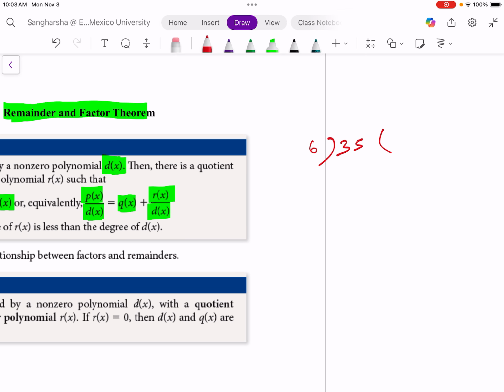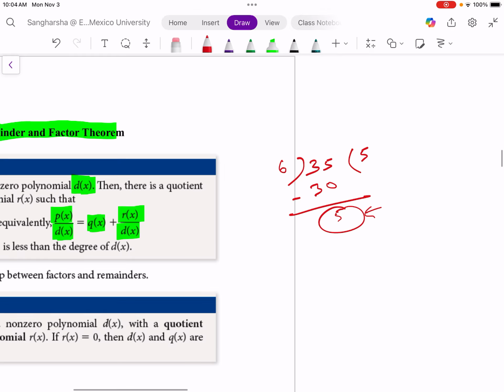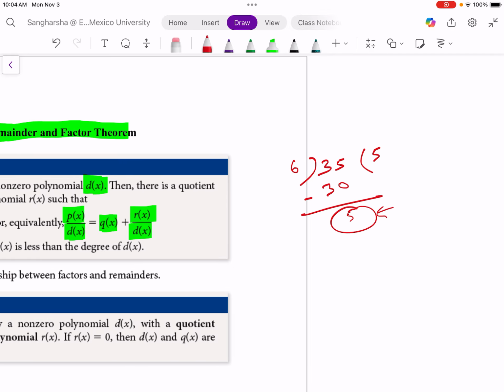So 6 times 5 is 30, right? So we subtract, and what do we call this 5? That is the remainder, okay?